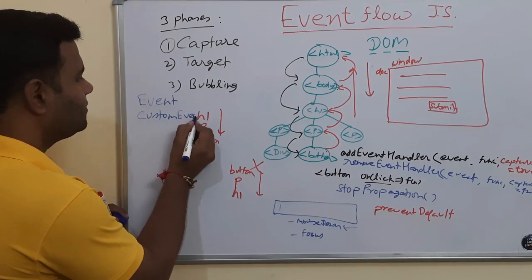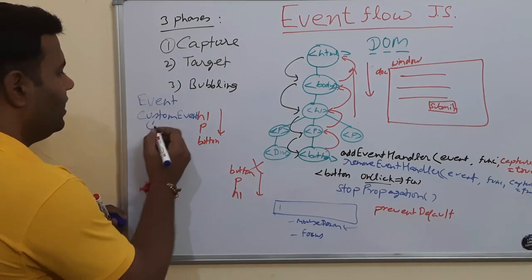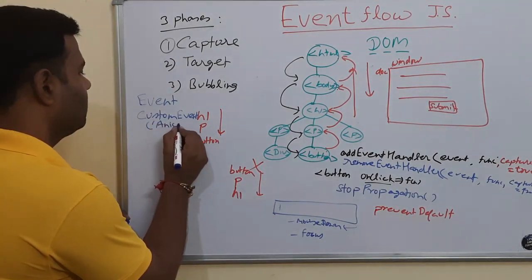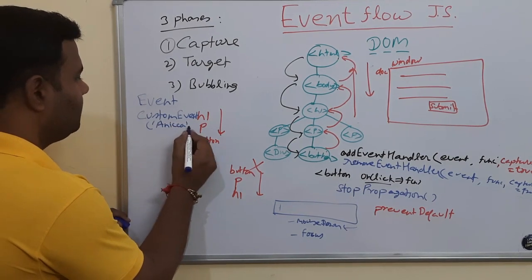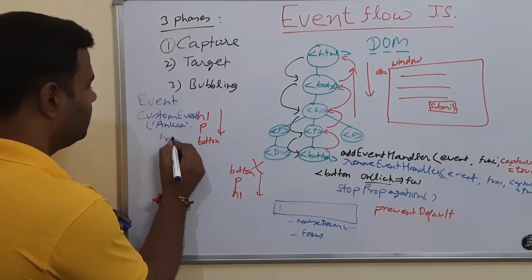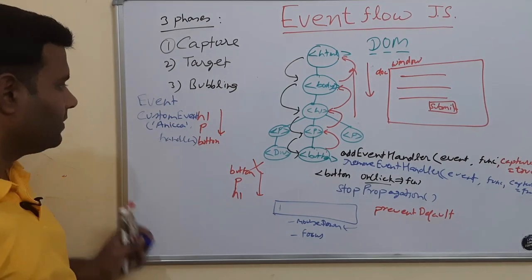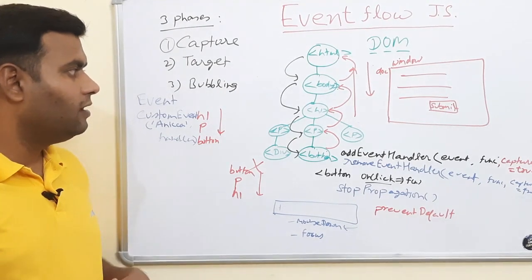This is a class which will take some arguments. Let's say I want to create an event called Anika. And the second argument I can give is its handler function, how you want to handle this particular event, or a default functionality for this event.